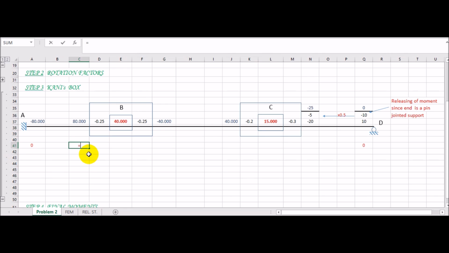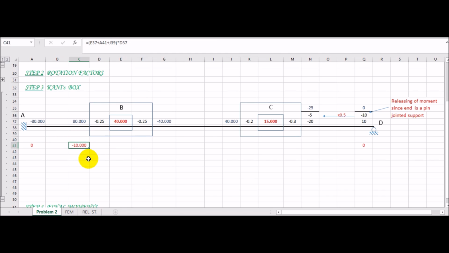This is equal to summation moment plus latest iteration value of left support, that is 0, plus latest iteration value of right support, that is, there is no value, into the rotation factor of BA. So this is the iteration value of BA.